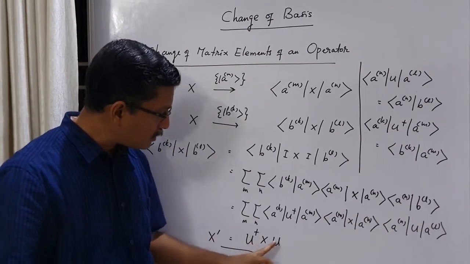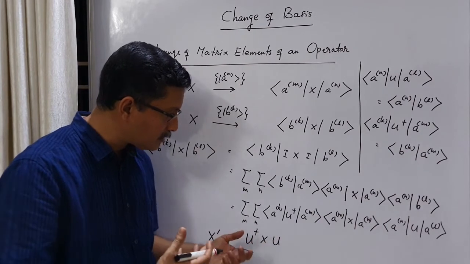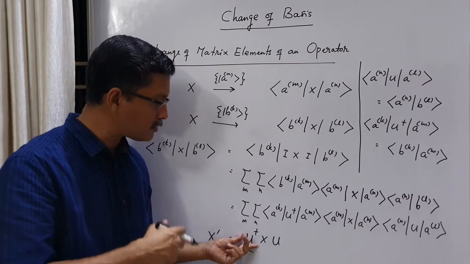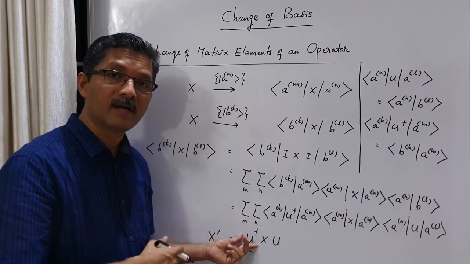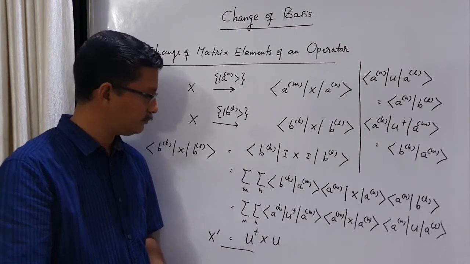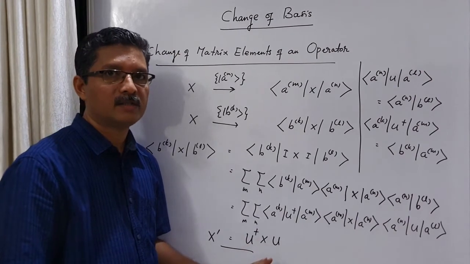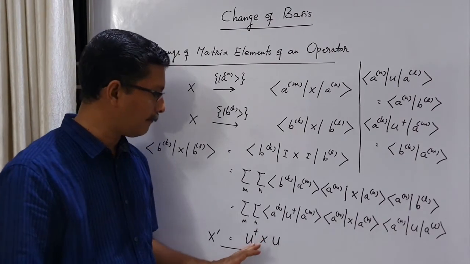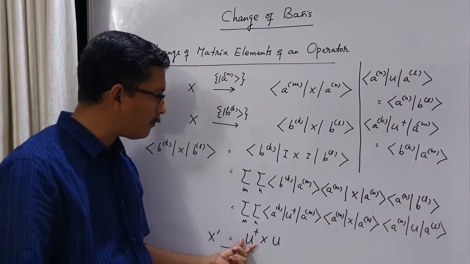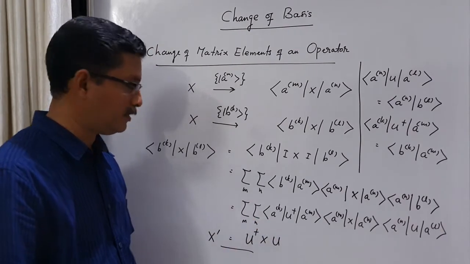What is the operator that is producing this similarity transformation? U. And the operator that produces this similarity transformation is a unitary matrix, so this similarity transformation is also a unitary transformation.